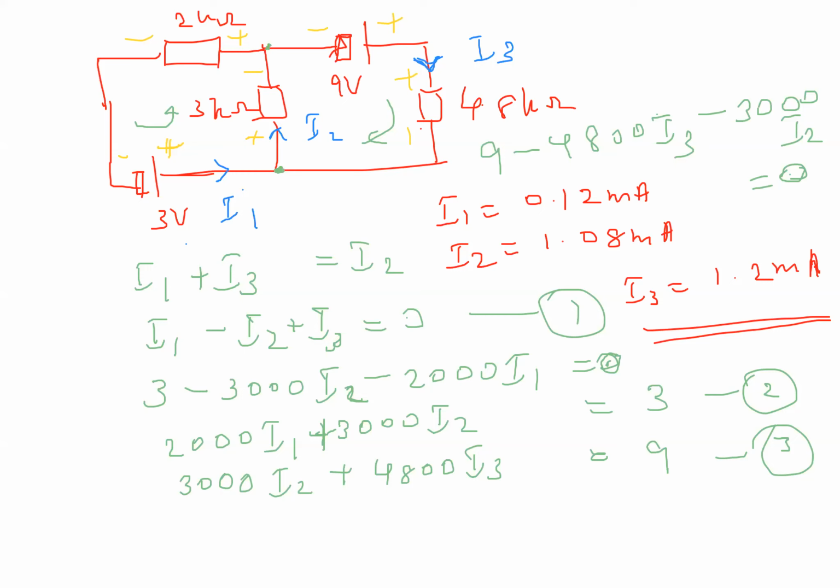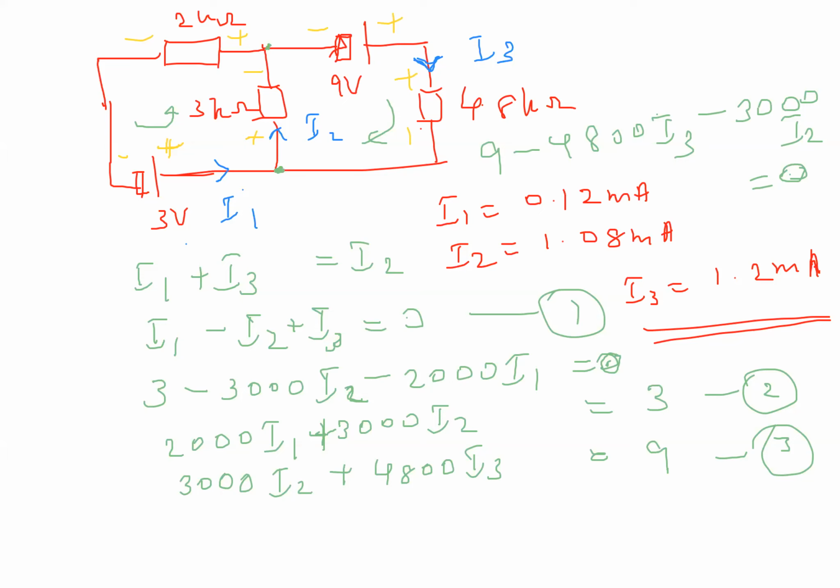I'll double check my matrix. 1, 0, then 2000, 3000, 0, 3, 7, 0, 3000, 0 equals to. Yes, guys, these are the answers here.